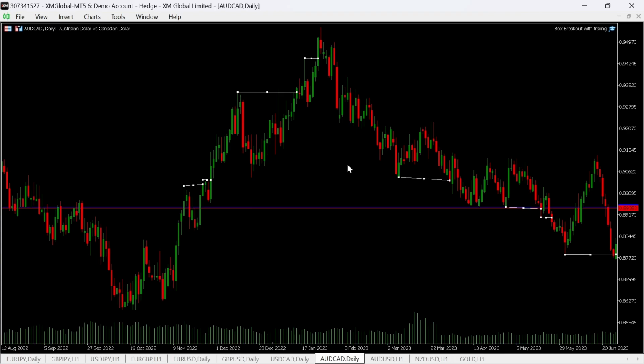Change of structure happens when the trend shifts from uptrend to downtrend or downtrend to uptrend, and I'm going to draw it here in the low. For this case, this was an uptrend, forming higher highs and higher lows, so the higher low has to be broken, and then a retracement has to occur, and then form lower lows and lower highs.